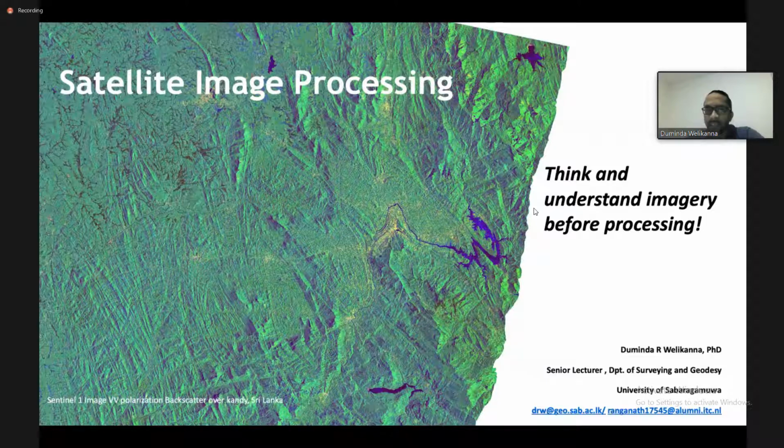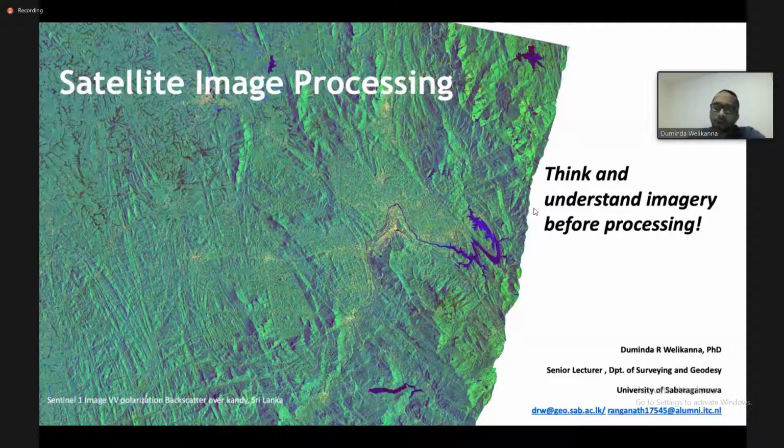This is a backscatter image, converted into decibels. So this is the kind of satellite image that we get to process. You can see a lot of information in this, but not all of it is relevant for us. We are interested in particular information. As you can see, the yellow areas are the urban areas quite close to Kandy.